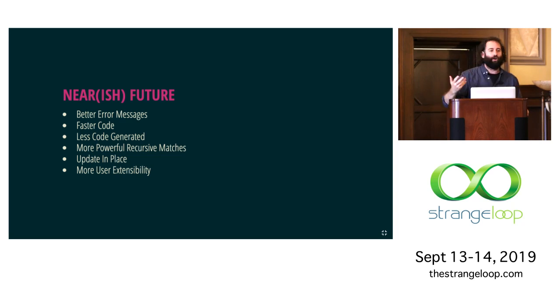We're going to have more powerful recursive matches. So width right now is a really interesting construct, but it can't take parameters. And if it could, we could do some really cool stuff. So we're going to be doing that. And then update in place, by this I don't mean mutation. But again, if you're in the Clojure community, Spectre might come to mind when you're thinking about this. And it's all about I can find some super nested thing and increment a number.